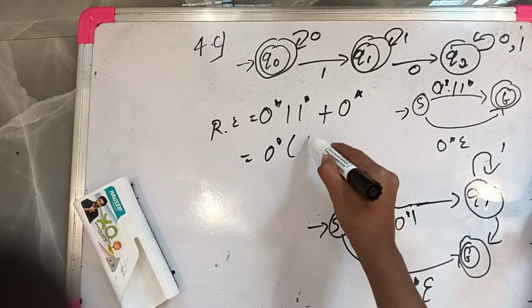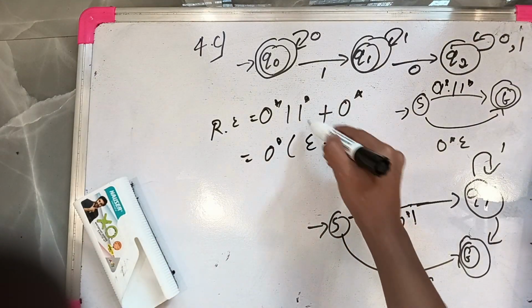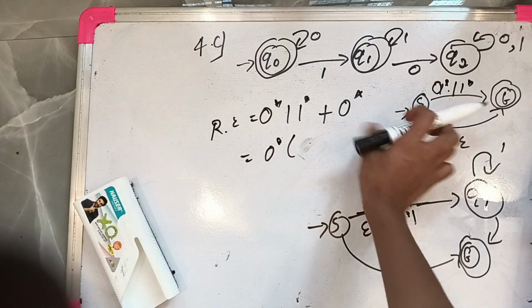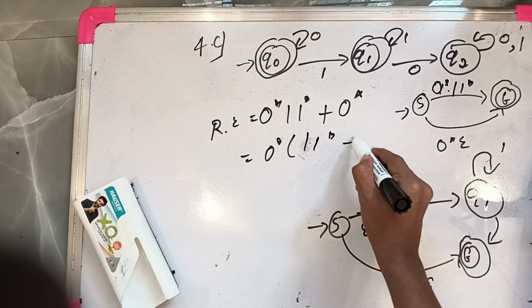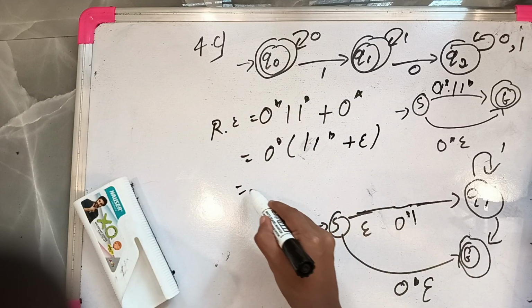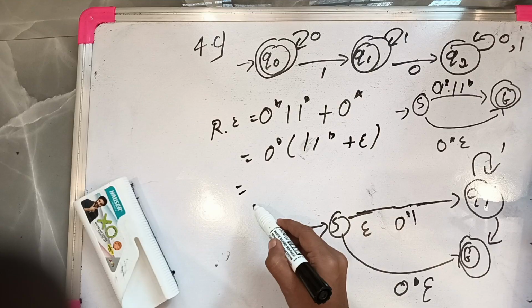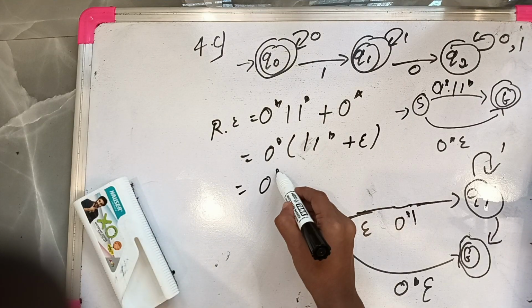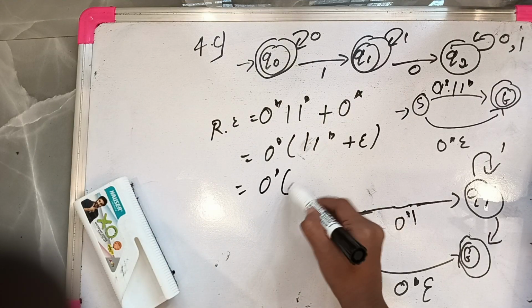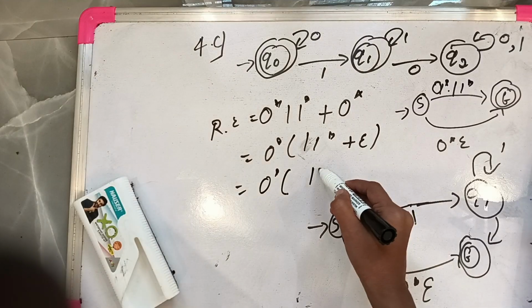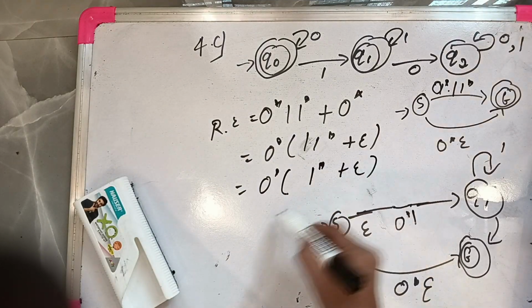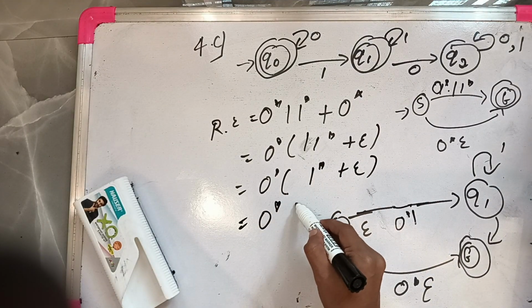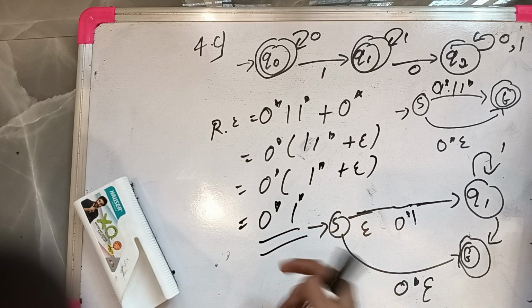Then we get epsilon plus 1 star. Next, 0 star, and 1 star is the same as 1 star plus epsilon, and the final language is 0 star 1 star. Okay, this is the solution.